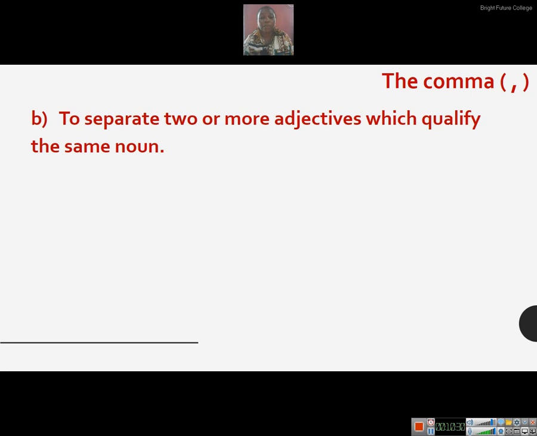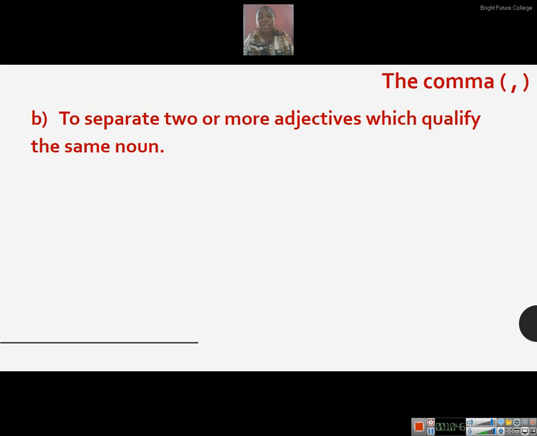Another use of the comma is to separate two or more adjectives which qualify the same noun. What is an adjective?